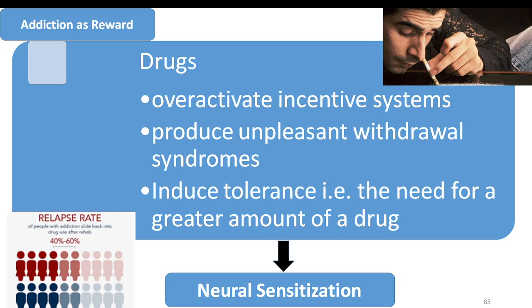All these are leading in some way to overactivating the incentive systems, through the withdrawal symptoms, withdrawal syndromes, or inducing the drug tolerance, resulting in neural sensitization, prompting the person to go for more of it, and become an addict, right?